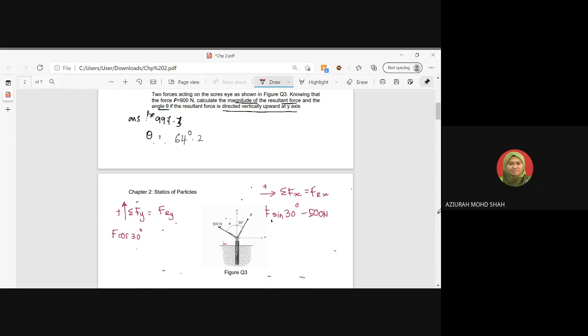Cos, which one? Sin. Sin 30. Sin theta. Okay, theta. Sama dengan FRX dia lah. Yang ni F cos theta. Untuk Y, untuk 500 Newton.